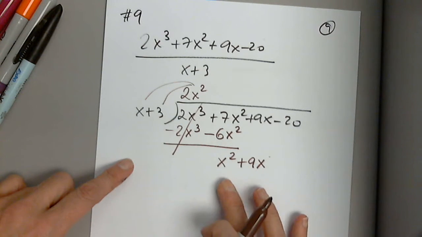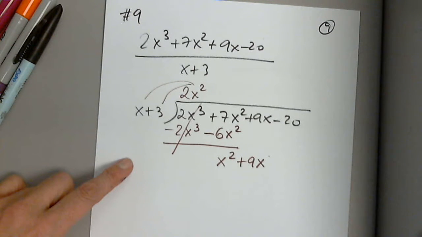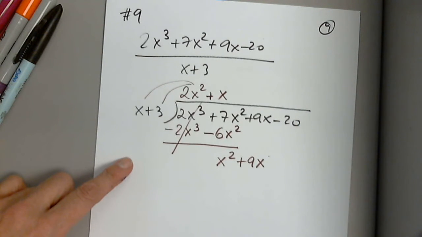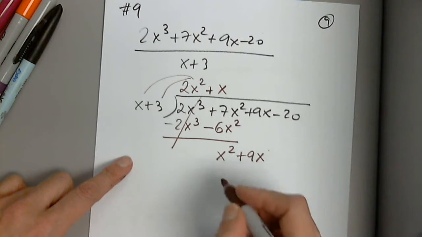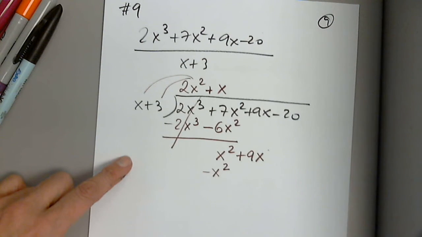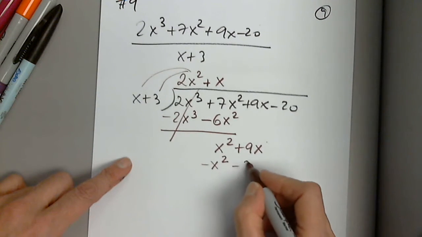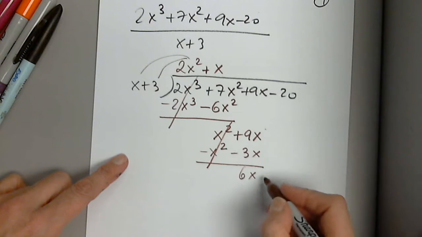X times what is x squared? At the top, I cannot lie. I have to be honest. Sign. If I don't put a positive or a negative, I can't continue, right? Okay. So x times x. I have to change the sign because I need to subtract. X times 3. I have to subtract. This is 6x. I bring down the next in line.